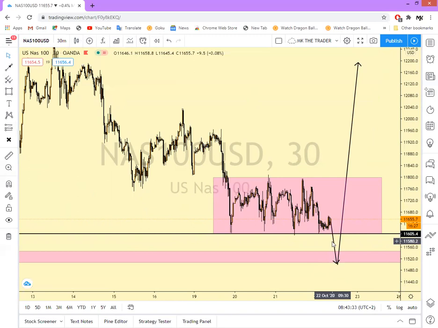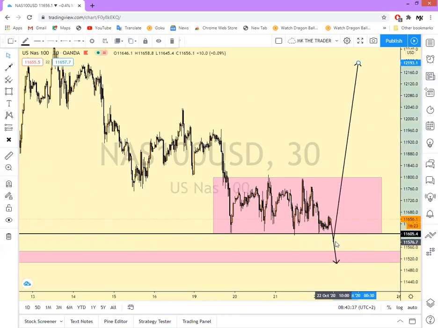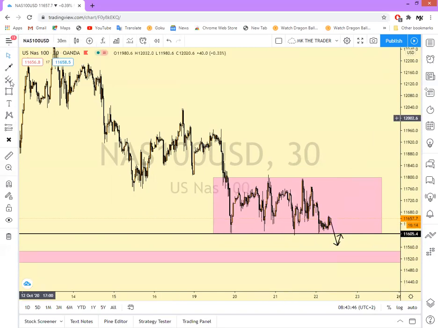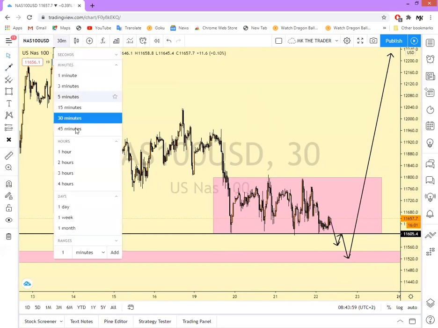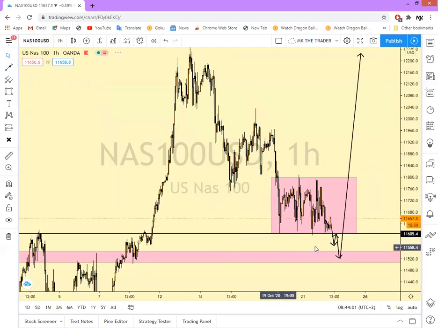So if ever the market breaks to the downside, if ever a retest is presented, something like this, that's where you can sell, but you must know that you are selling up to this level, and from there, that's where you're going to look for buy opportunities, because they will always make sure that they take stops out. So you must be careful.